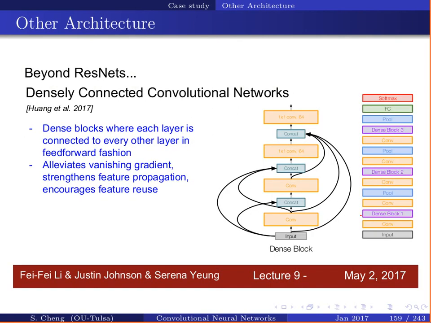And there are also some other papers trying to extend this kind of information highway idea, to have better gradient propagation by introducing lots of links to bypass intermediate layers.